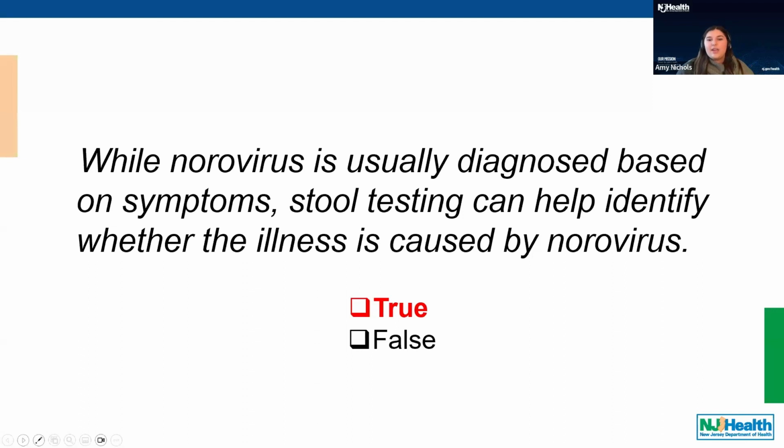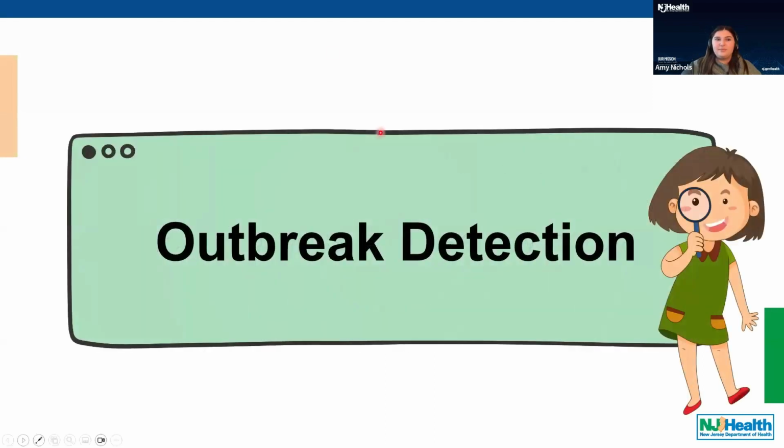So now I will hand it over to Tasnim, who will talk about outbreak detection. Thank you, Amy. So how do you know if you have a norovirus outbreak at your childcare center or school?